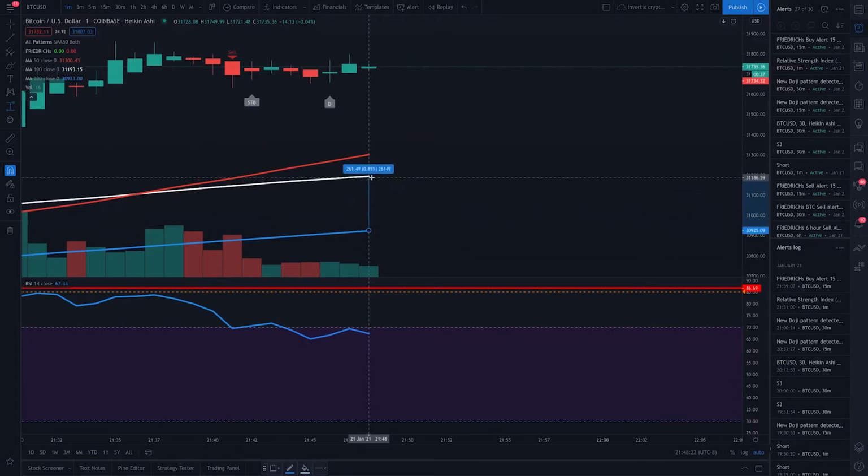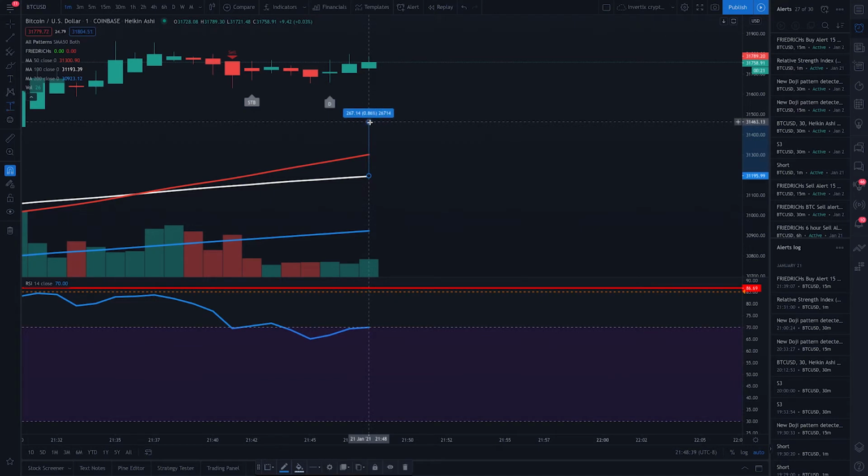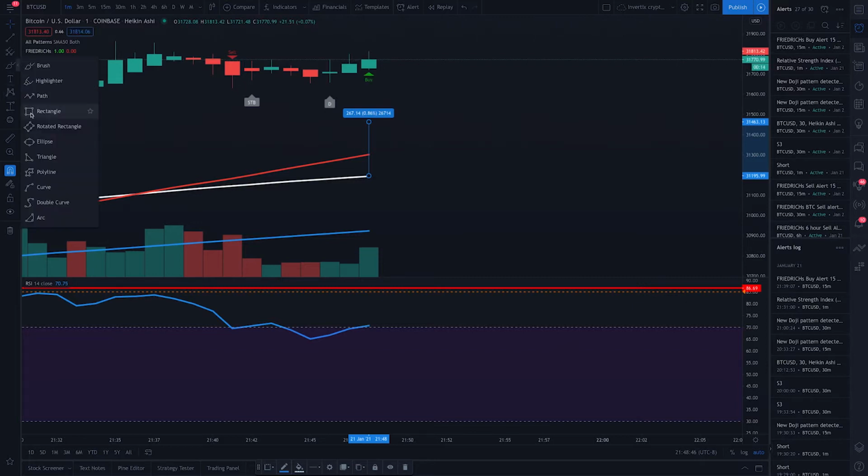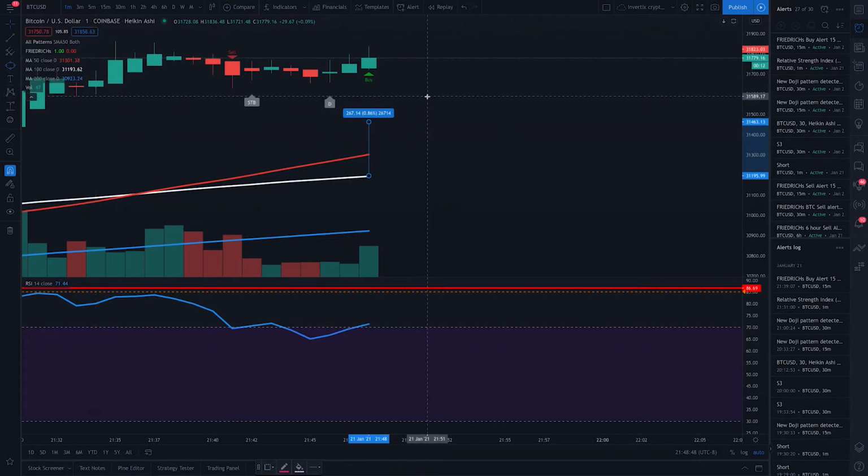So what we do is we take our measuring tool and we measure the distance between the blue and the white line, which gives us 0.86%. And then we do the same for the white and red line, and we want it to be right around 0.86%. So we have to be patient and wait for this red line to continue to trend up to give us even separation between the three.